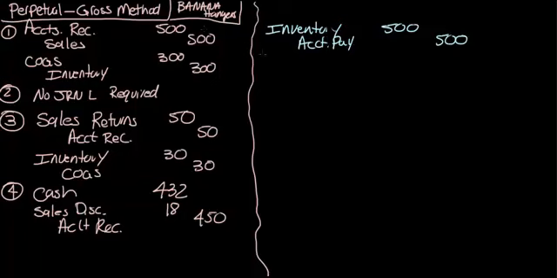In the purchase transaction, we only have one journal entry. Again, for Banana Hangers, they're going to have two journal entries because they have to record the cost of goods sold.